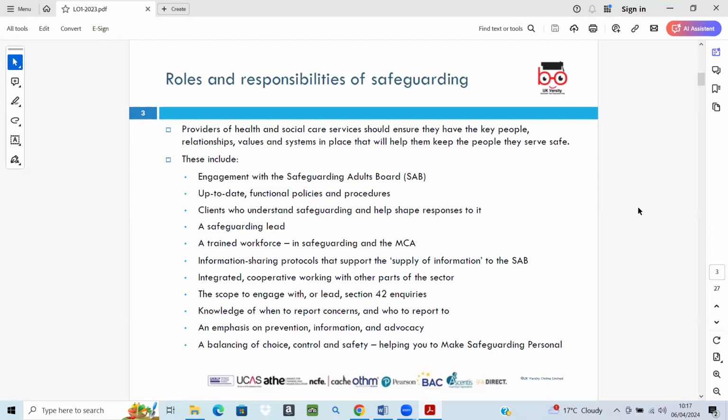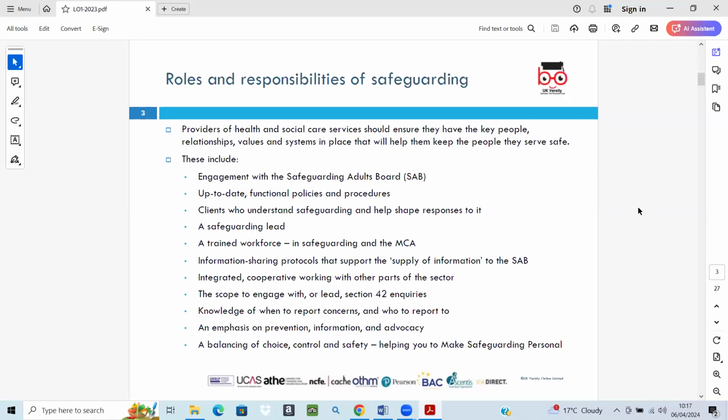It's not only in the social care or healthcare environment. In schools, we have a designated safeguarding lead. In the United Kingdom, we have a safeguarding lead in all the important organizations. Apart from that, it's not only the safeguarding lead's responsibility, every individual is responsible.